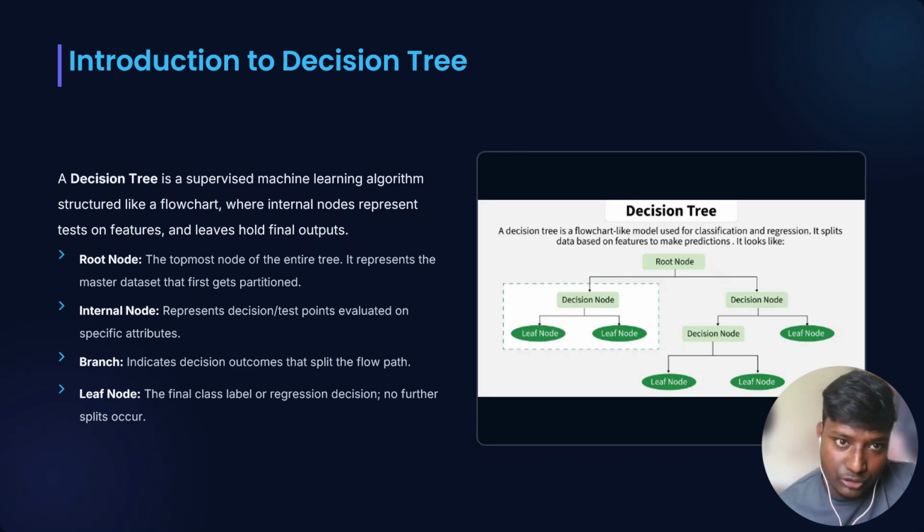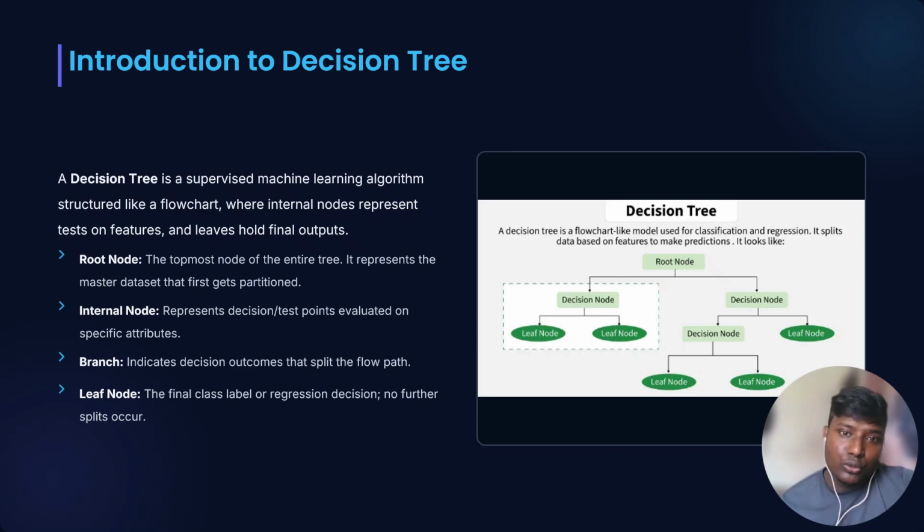First, what actually is the root node? This is the starting point. It presents the very first question you ask, and it contains your entire data set before any division happens. Internal nodes, think of these as your intermediate test points. Each internal node tests a specific attribute or feature of your data, like humidity or wind.